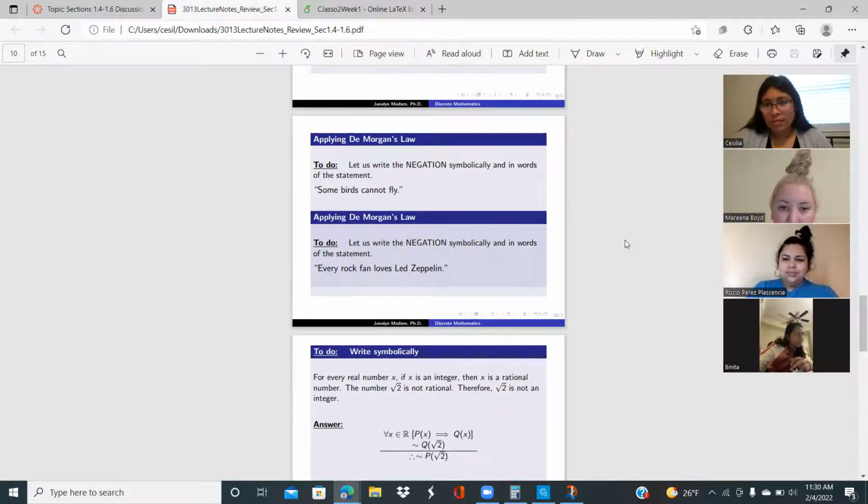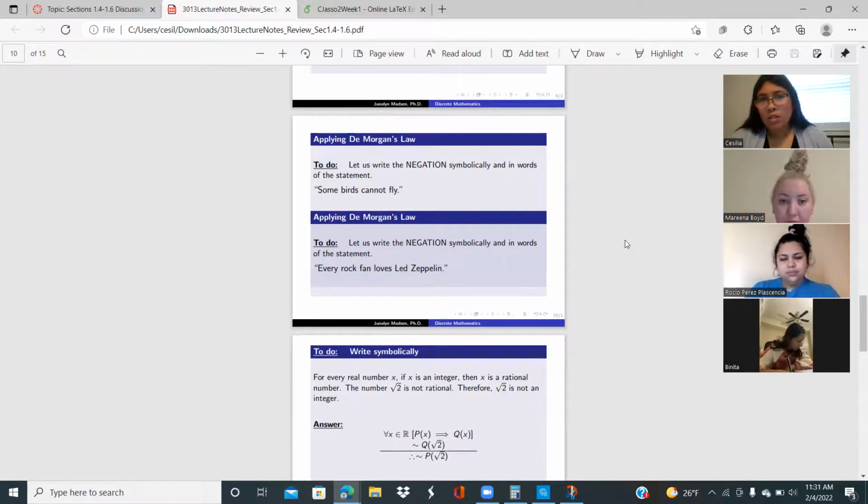Some birds cannot fly. So some birds, that means it will be downward A, right? Downward A, and then P of X will be the birds that cannot fly. Is the answer I'm getting correct, or should it be downward A?